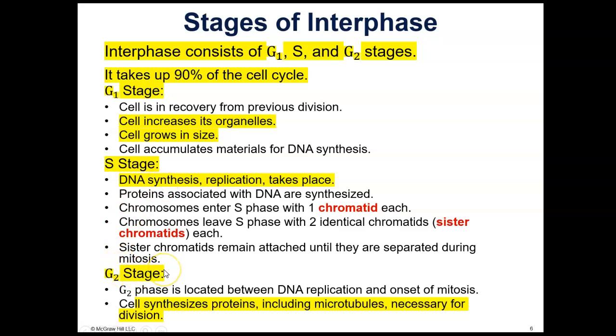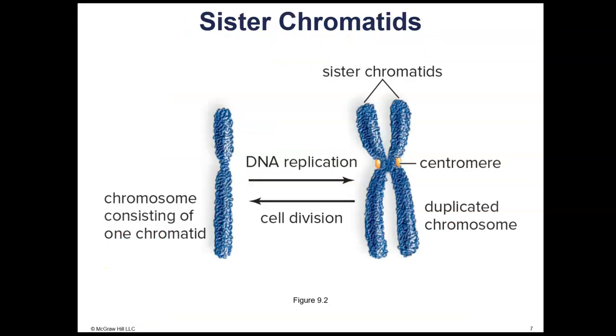The G2 stage is when the cell synthesizes proteins, including microtubules, which are going to be part of the spindle assembly. So these proteins are synthesized during the G2 stage, and they are necessary for the cell to divide.